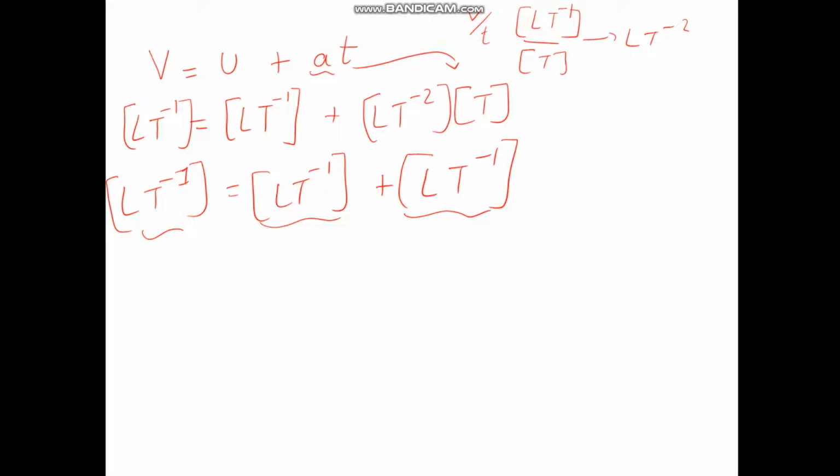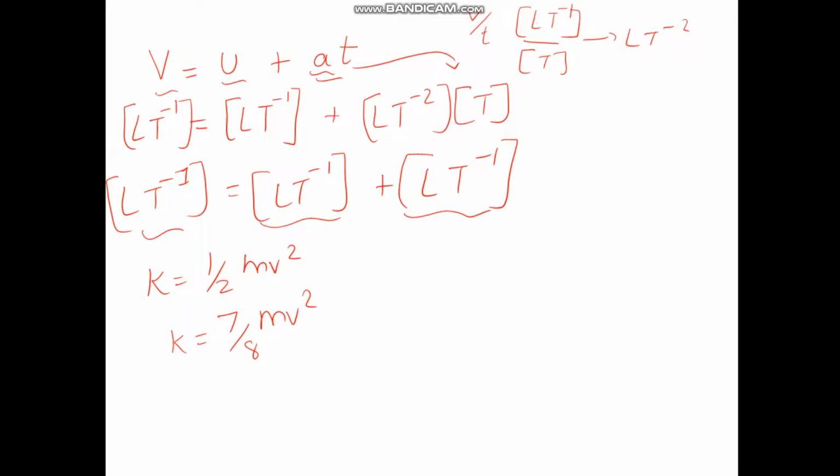So this is one application of dimensional analysis, to find whether the equation is correct or not. But see that kinetic energy, we know, is 1/2 mv square. Suppose I write kinetic energy is 7/8 mv square.